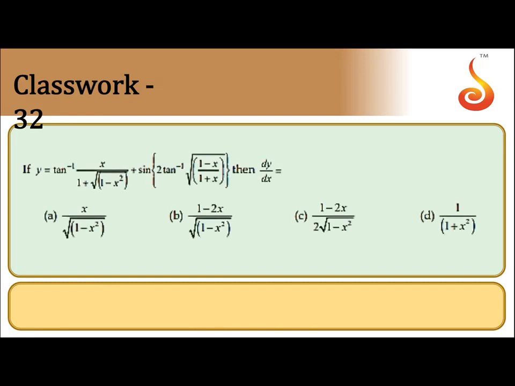Coming to the next one. This is of course a half tan inverse of half cos inverse x. The 2 gets cancelled, cos inverse we can simplify. But for this one, when you substitute x equals sine theta, we get tan inverse of x divided by 1 plus root of 1 minus x square.